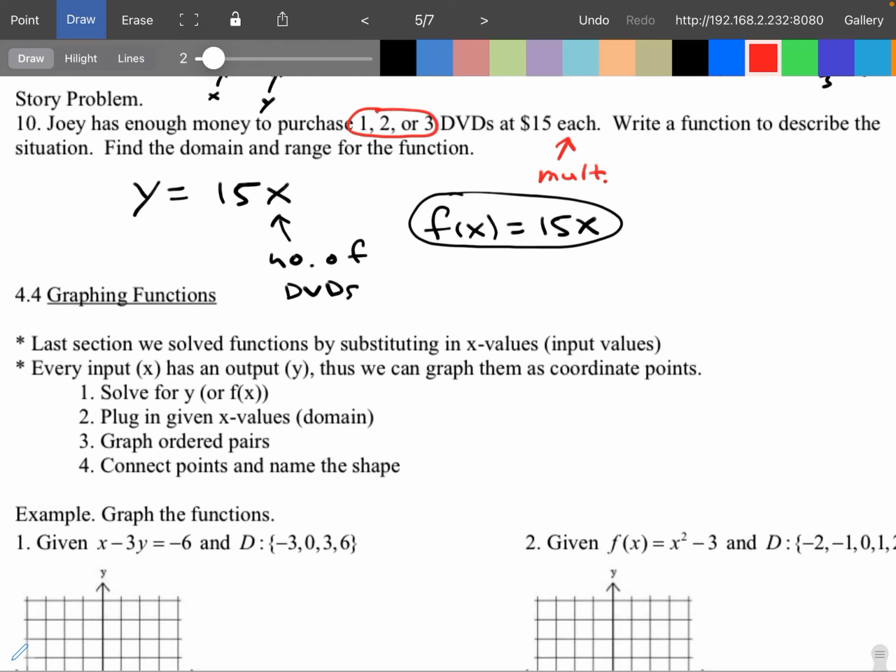Tells you up there. Yeah, 1, 2, and 3. That's your domain right there. Remember, the domain means your x values. So you're going to write down your domain, make that little set bracket, and put in 1, 2, and 3.